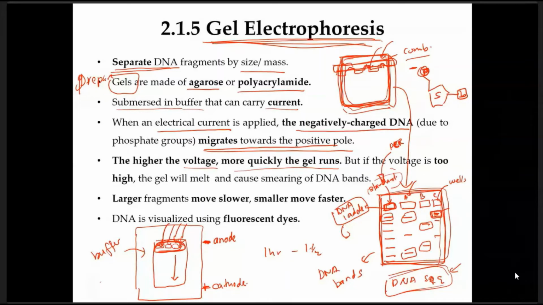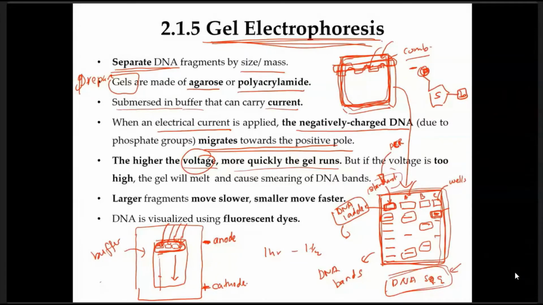Lamalah DNA tu nak kena migrate daripada negatif ke positif. So you have to determine the right timing. So kalau awak run terlebih, nanti DNA tu akan migrate masuk ke dalam buffer. So sia-sia kerja awak kat situ kan. So, kalau awak terlebih masa or run the gel much more quickly due to the higher voltage, your DNA might end up in the buffer. Okay, so you have to find the right timing.